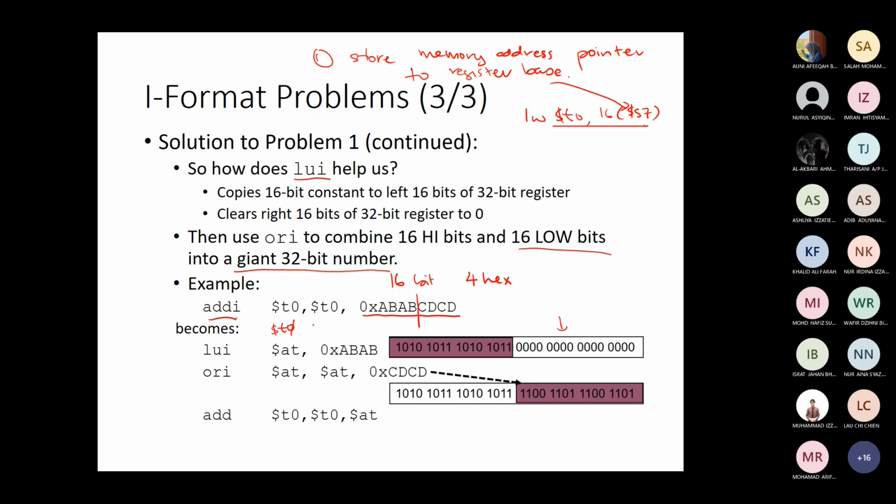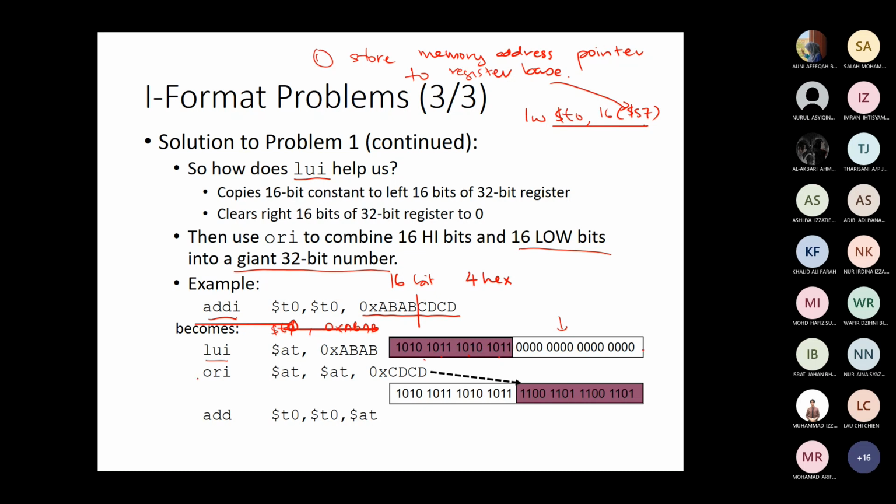So use register $t0 to store 0xABAB on the upper half of the register $t0. So there would be data of ABAB on the upper half and 16 bits of zeros on the lower half.